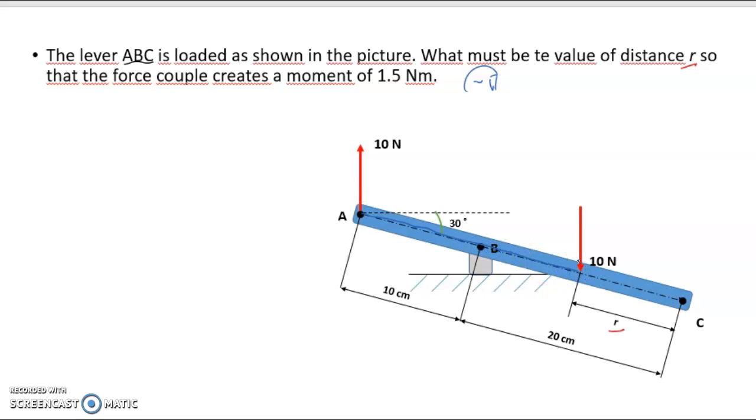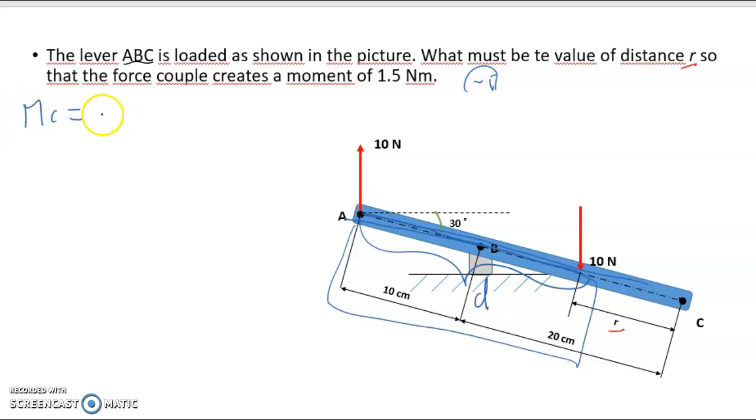So why is that important? If we set the perpendicular component of the forces to the lever, we will not have to make any further calculations, and this one right here is going to be the distance that's shown in the equation, distance times force. If we know this distance, we can get the value of r.